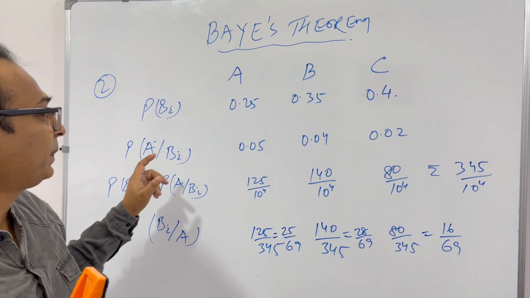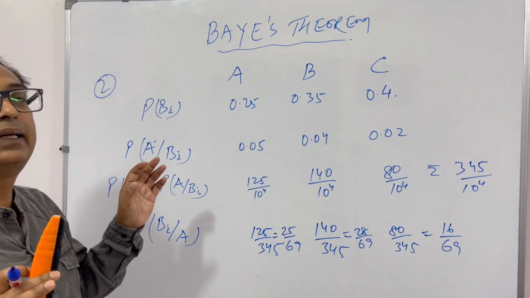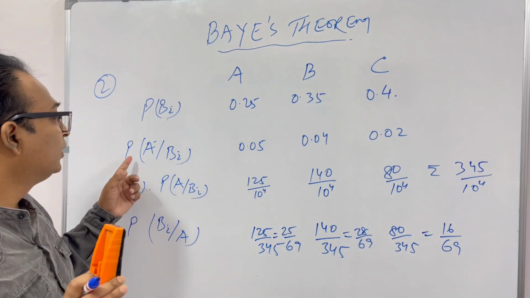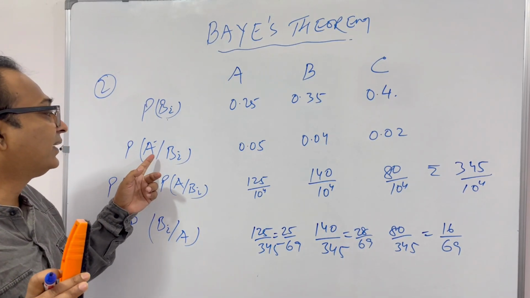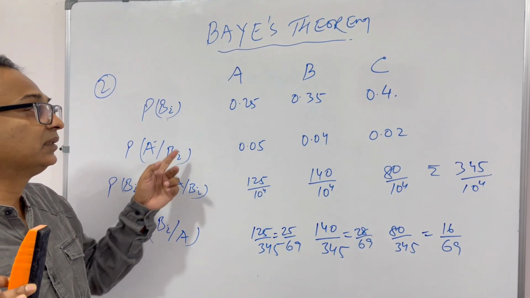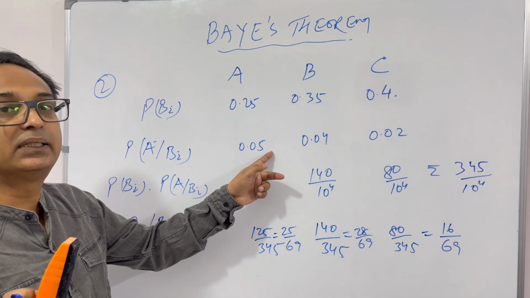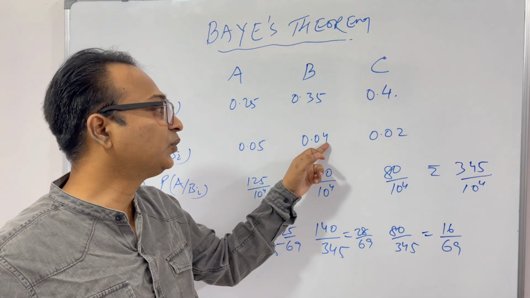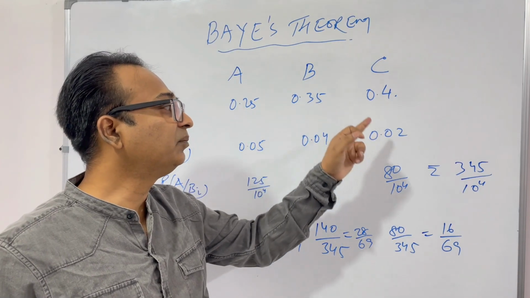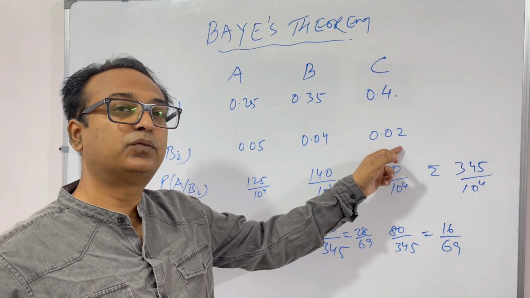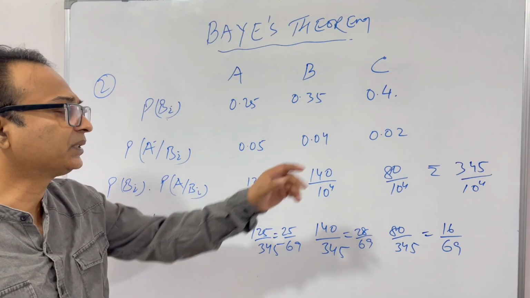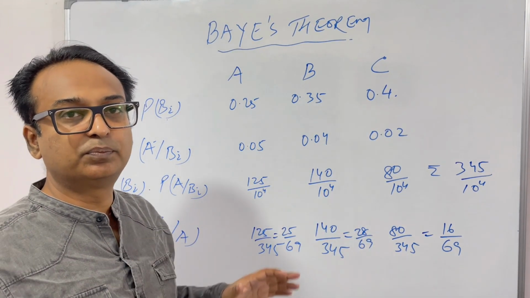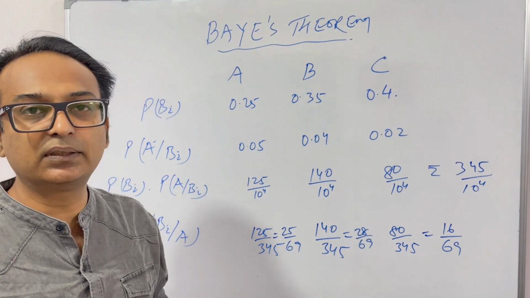Now, we have A as an event of getting a defective bolt. Getting a defective bolt from machine A is 5%, 0.05. From machine B it is 4%. And from machine C it is 2%.